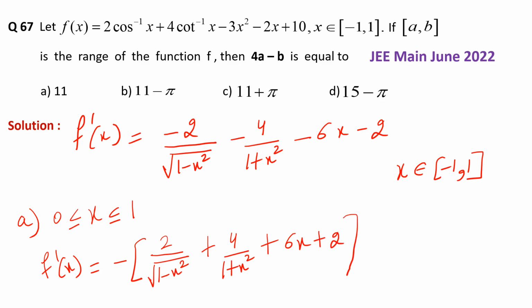Now clearly when x is greater than or equal to 0, then f dash x is certainly a negative quantity, because even when x is equal to 0, the value of f dash x is smaller than 0. And in all other cases, clearly f dash x is negative of a positive real number, which is nothing but a negative value.